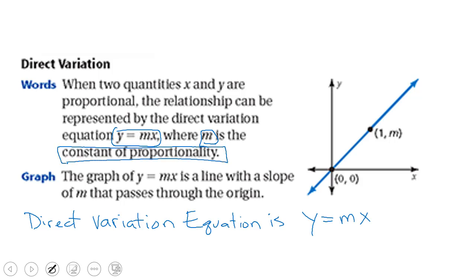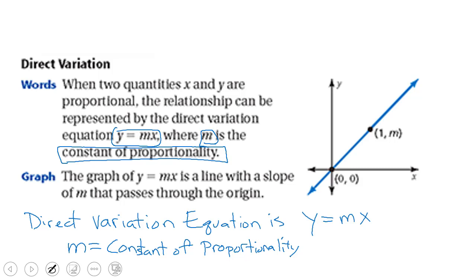Uh-oh. You mean that's another definition for what? Slope. So m, slope, is also constant, C-O-N-S-T-A-N-T, of proportionality. Just another definition of slope that we can add to the long list of definitions we put on our last lesson.